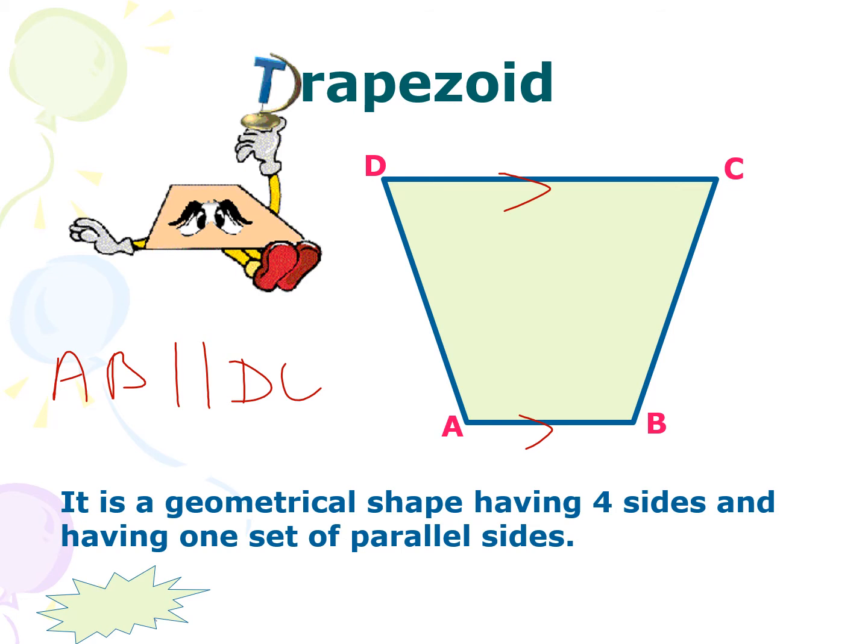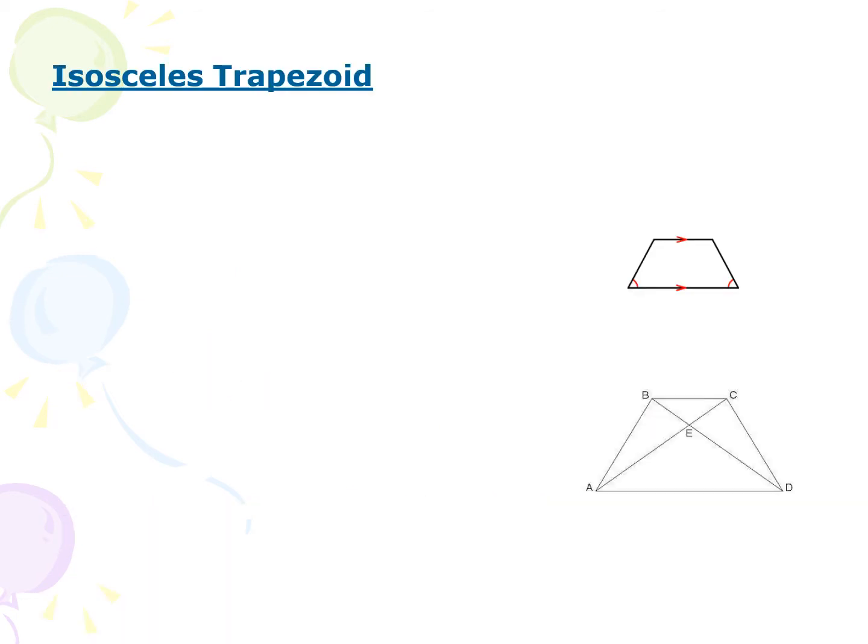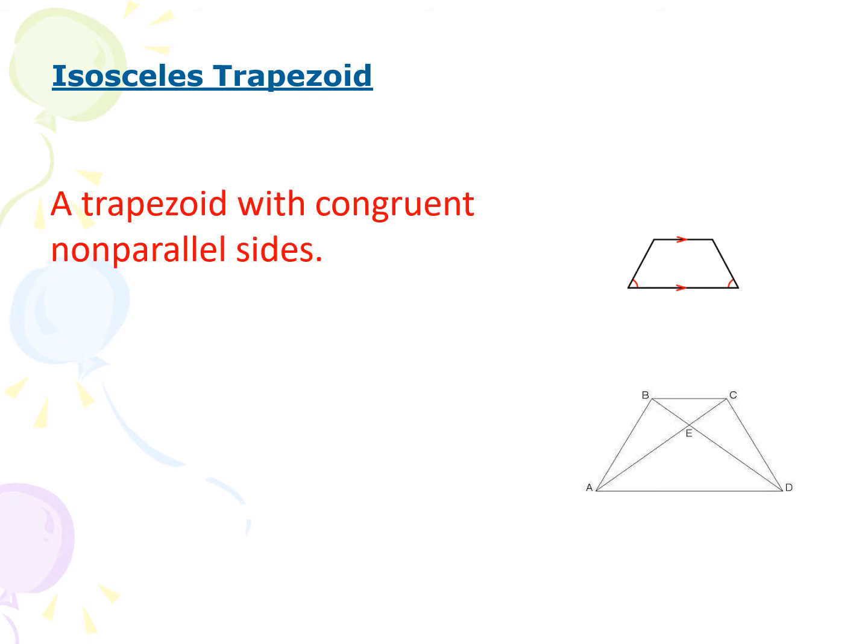This type of figure is known as a trapezoid or trapezium. There is a special type of trapezium, that is the isosceles trapezium, in which the two non-parallel sides are congruent. Like in this figure, AB is congruent to DC.